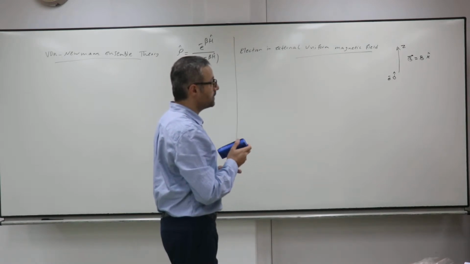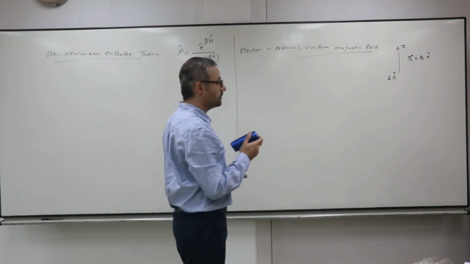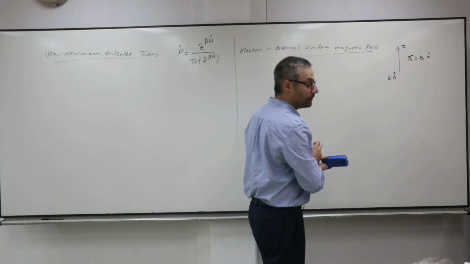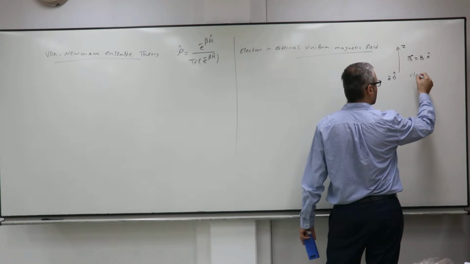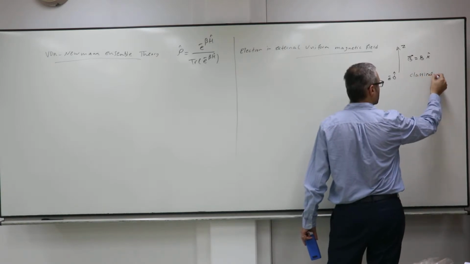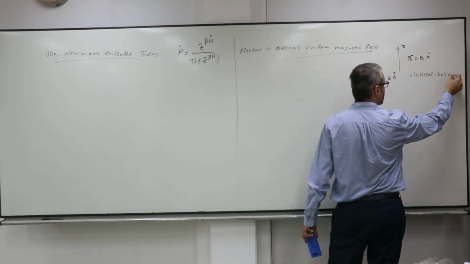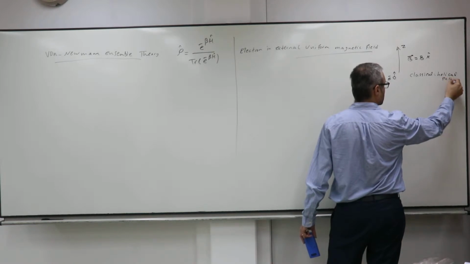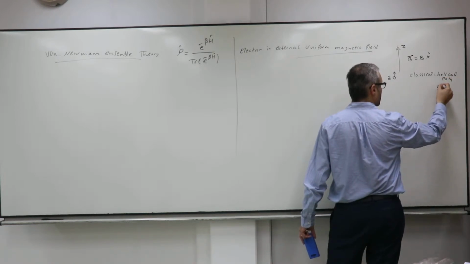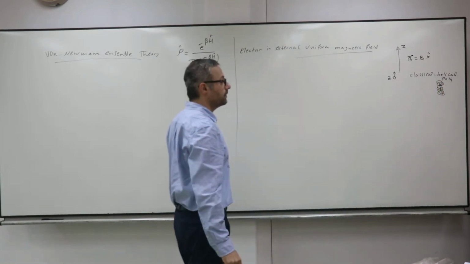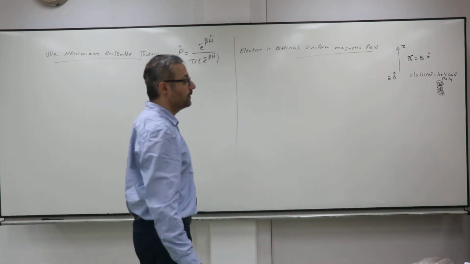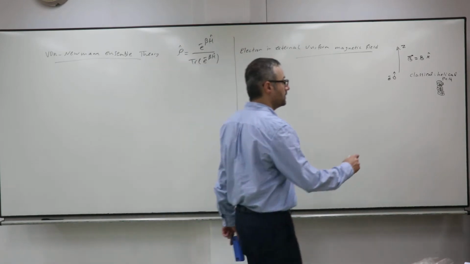The classical picture is that the electron starts to move like a proton, but in the opposite direction. It starts to move in a helical path, like that, but in the opposite direction to the proton, with the same frequency and the same pitch length.